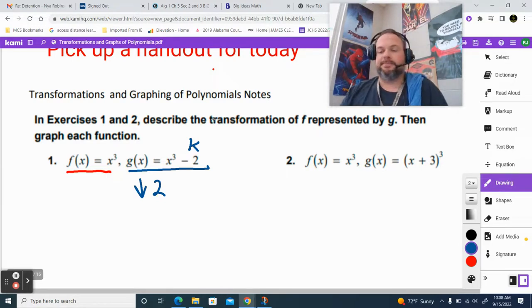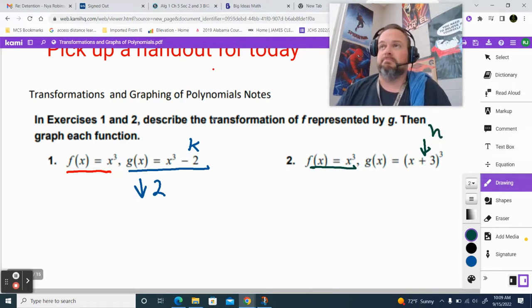Okay. Now, if we're looking at number 2, here's our original problem. This has a -3 in parentheses. This would normally be where our h value is. I'm sorry, +3.